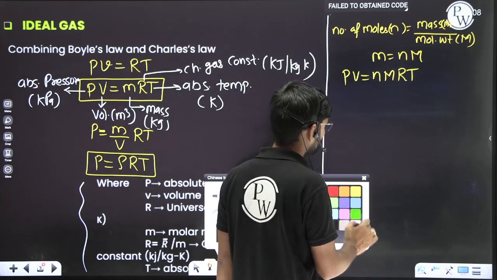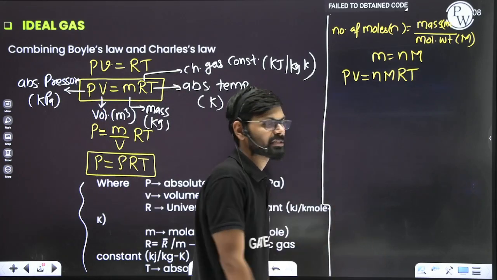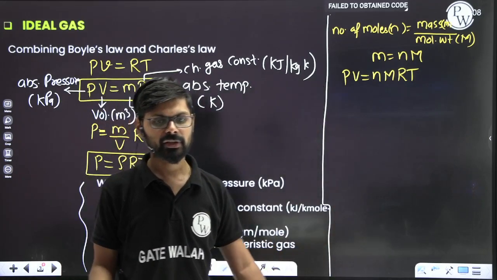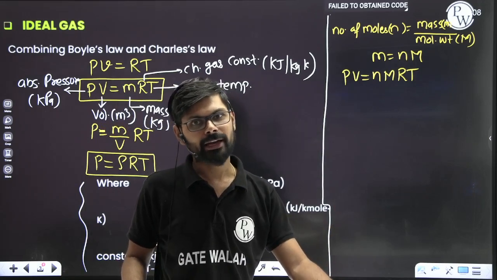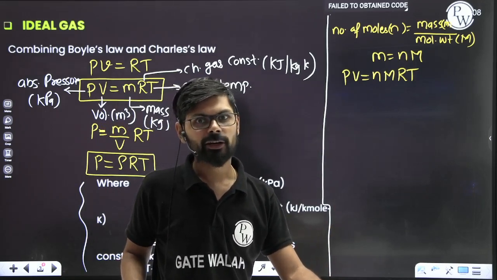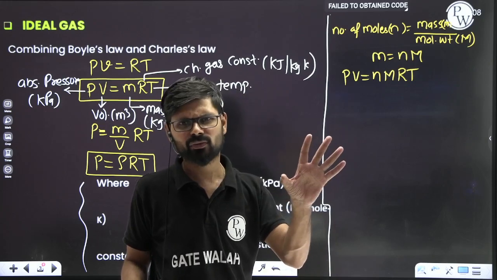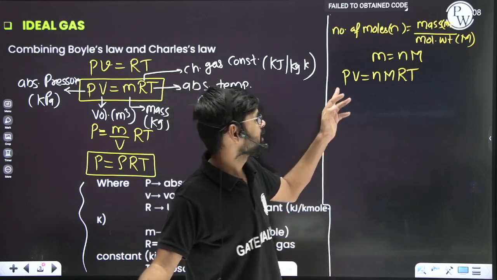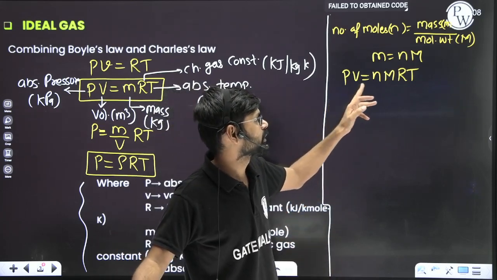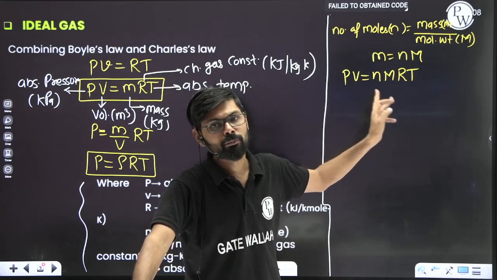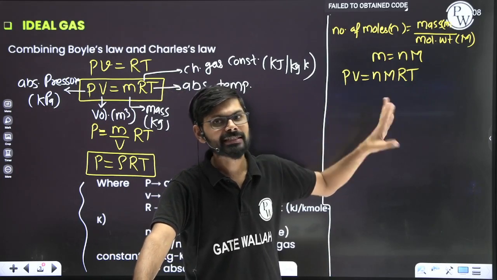Now one scientist is coming into our picture. That name is Avogadro. As per Avogadro hypothesis, for any gas, whatever gas it may be, if it has a fixed pressure, temperature and volume, then the number of moles is going to be the same.